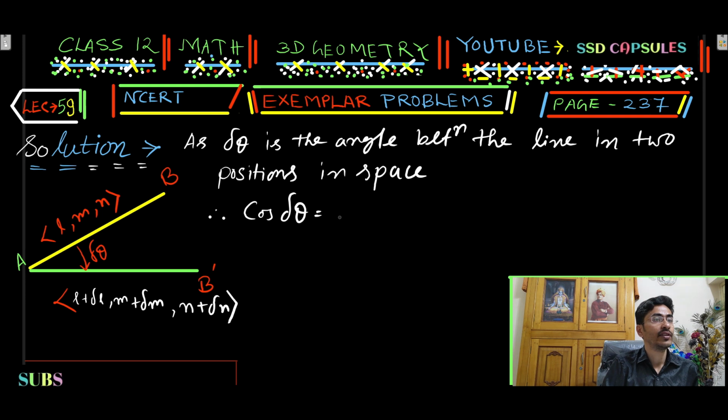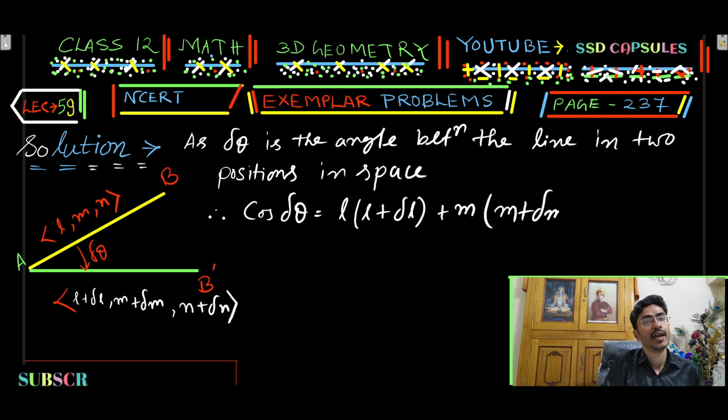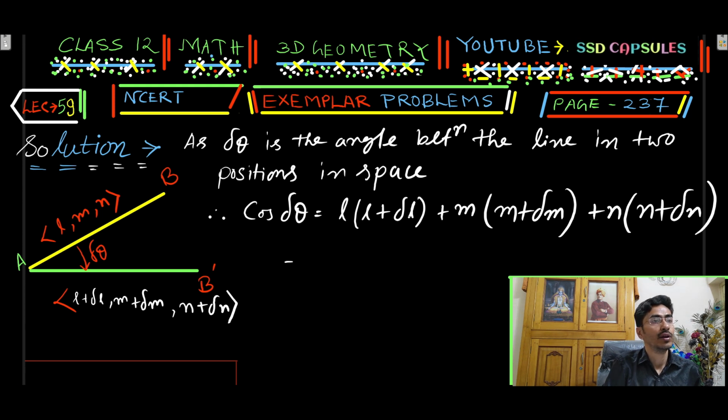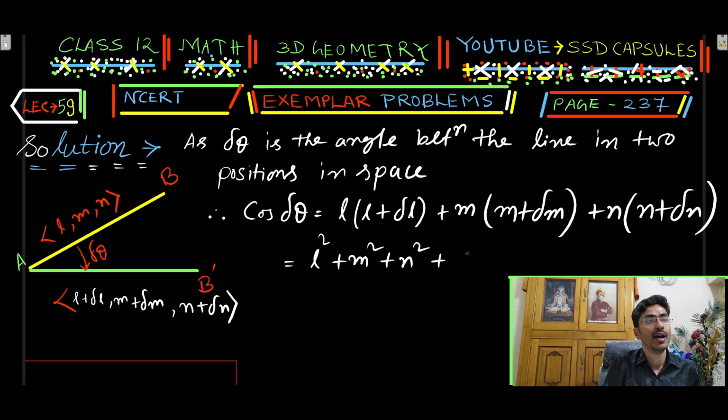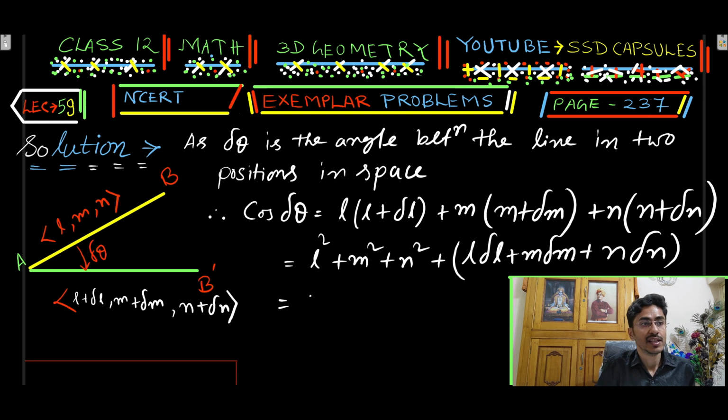So we simply write l into l plus delta l, plus m into m plus delta m, plus n into n plus delta n, equal to l square plus m square plus n square plus l delta l plus m delta m plus n delta n. Here the relation between the direction cosines, l square plus m square plus n square, is 1, into l delta l plus m delta m plus n delta n.